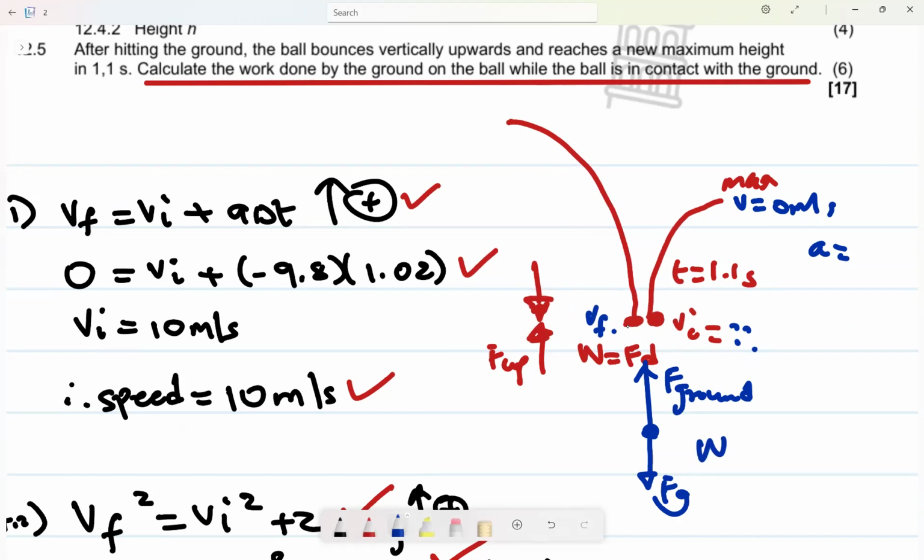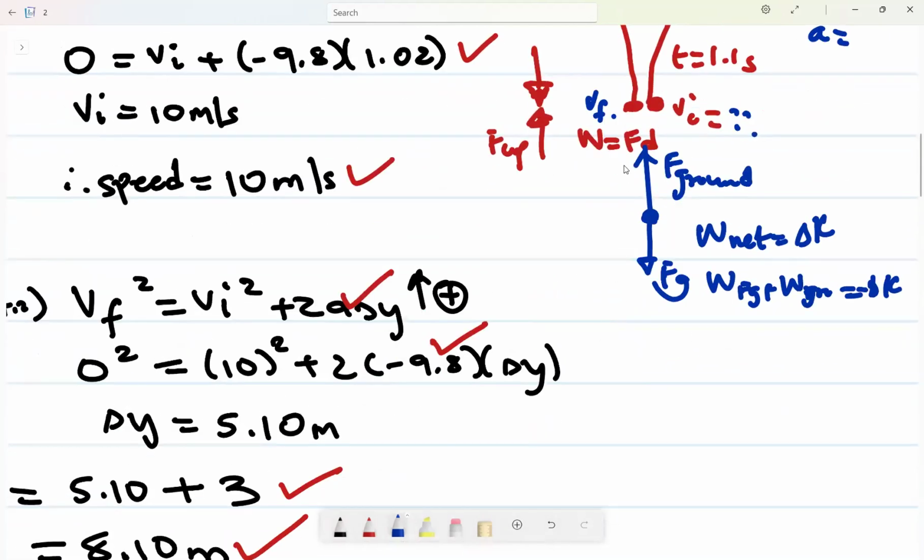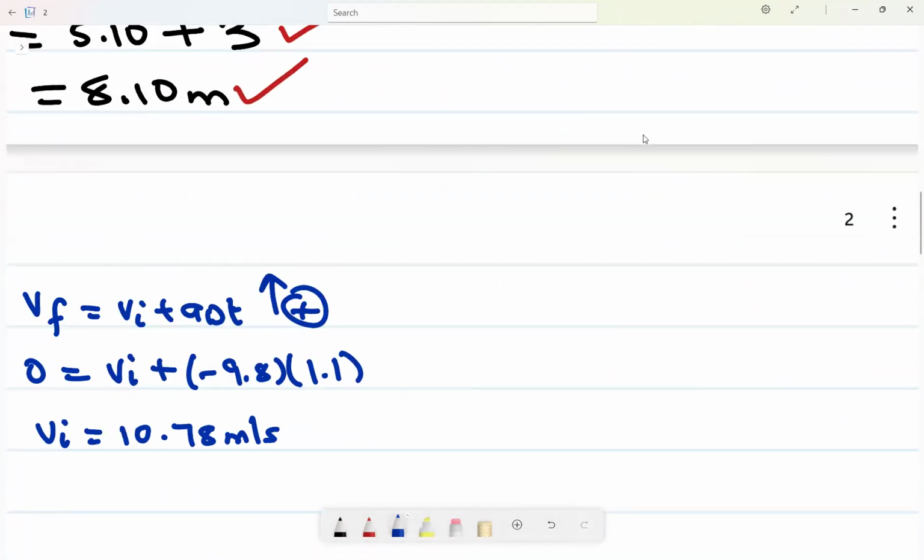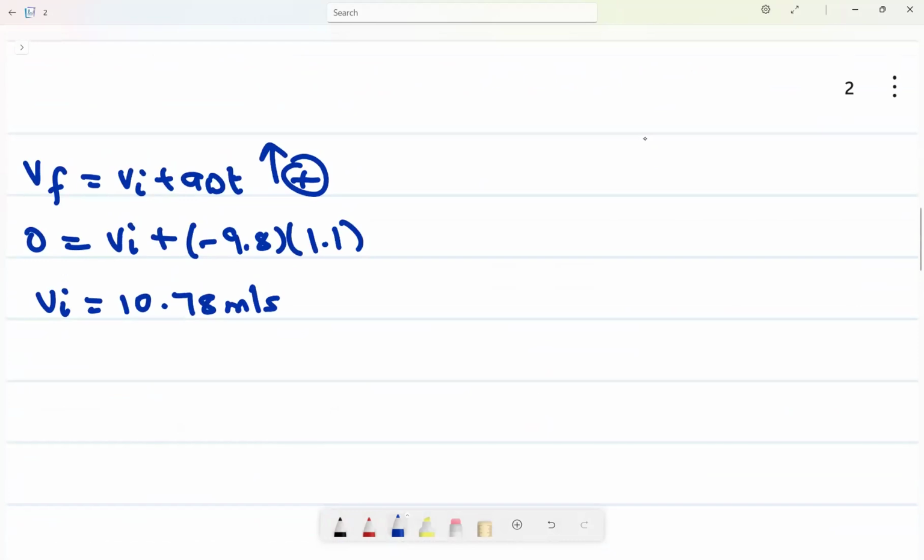Why? Because I want to use this: W net is equal to change in K, where W net is the work of gravity plus the work of the force of the ground. This was a very interesting question. So now let us also be in a position of calculating the final velocity it reached the ground with.